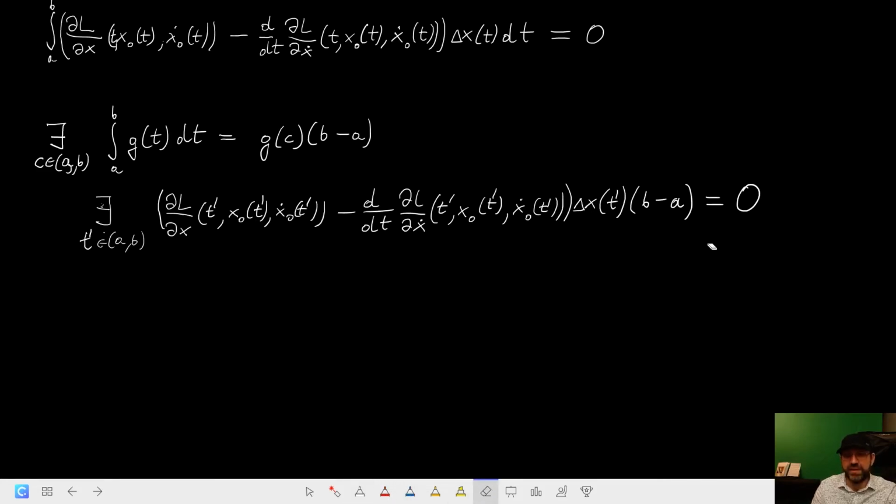Formally we can divide this equation by b minus a. So in fact we showed that there exists some t prime in a and b such that this expression is equal to 0.